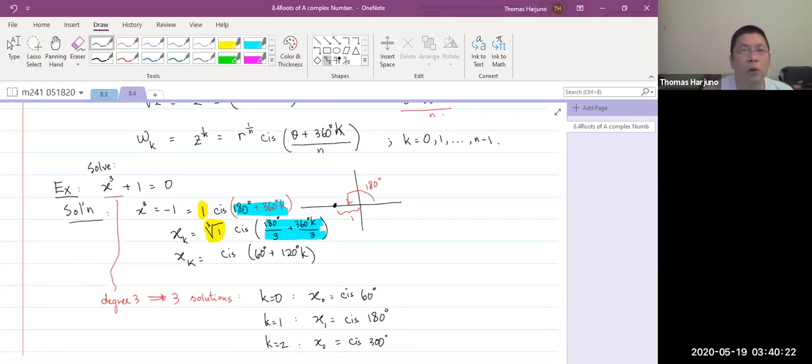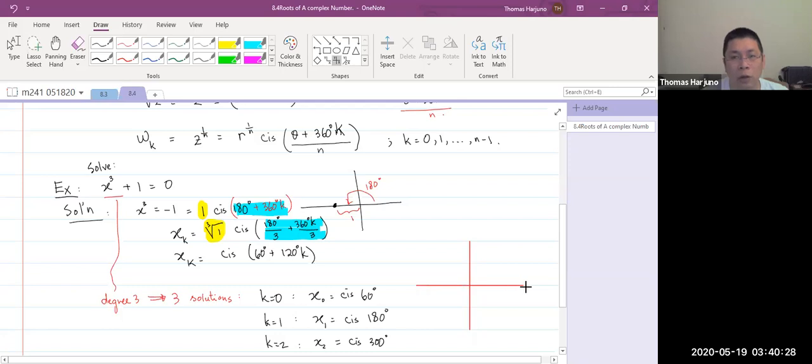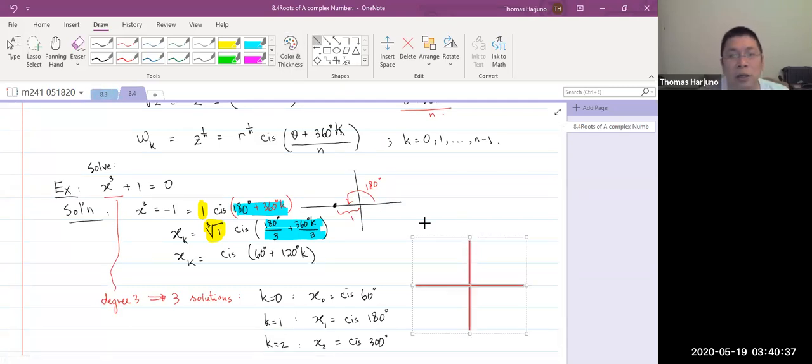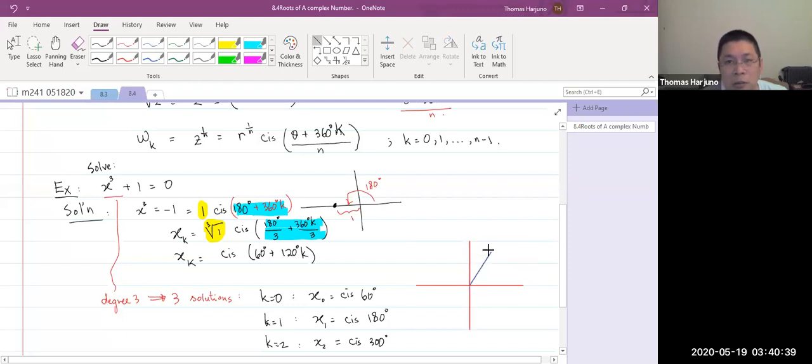If we take a look at the position on a rectangular coordinate system, now you will see cis 60 degrees is here. The angle is 60 degrees here. 180 degrees, the angle will be here. And then 300 degrees will be here.